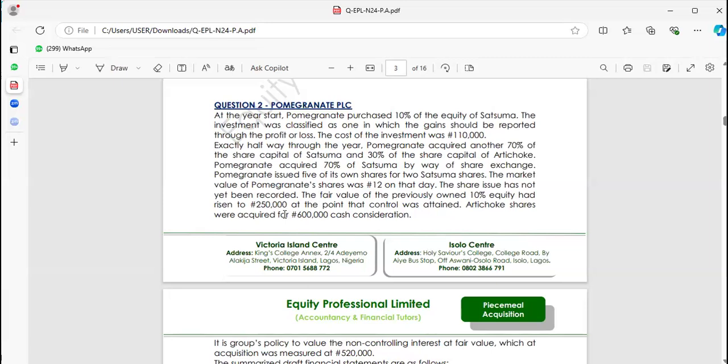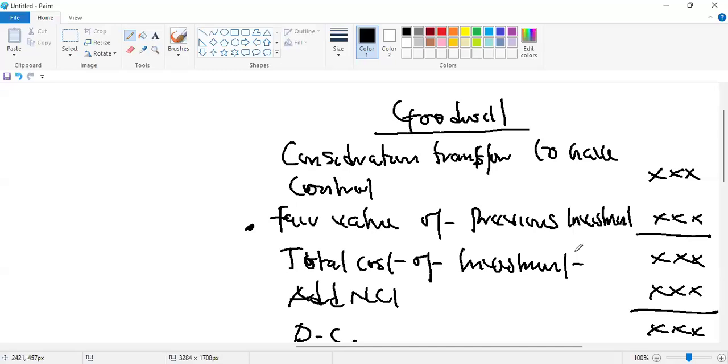So in the exam, if I want to calculate goodwill for this now, what is the consideration transferred to have control? Initial investment, 10% initially. What is the group structure now?